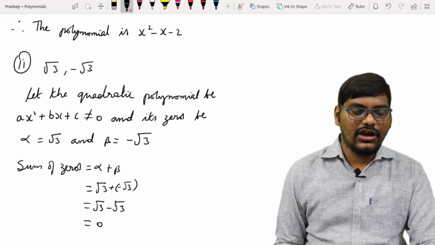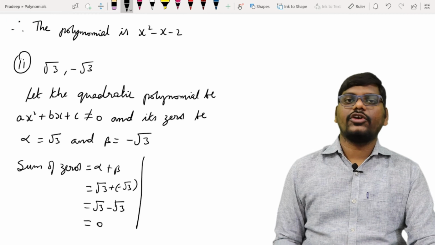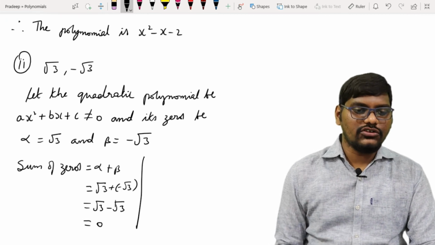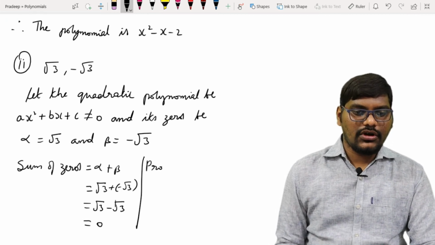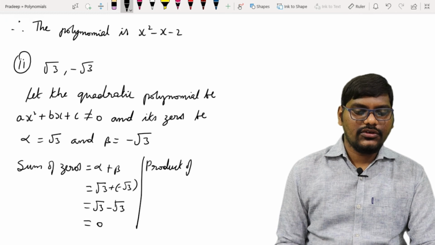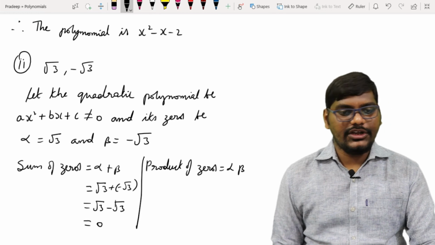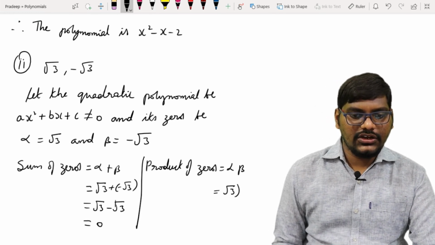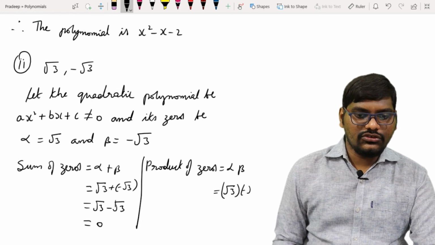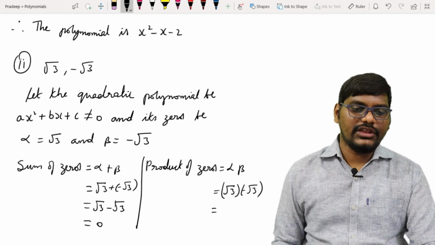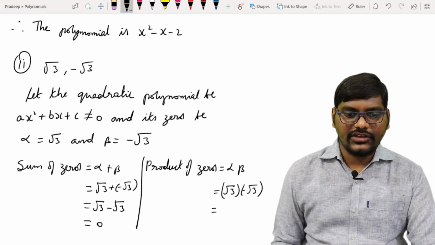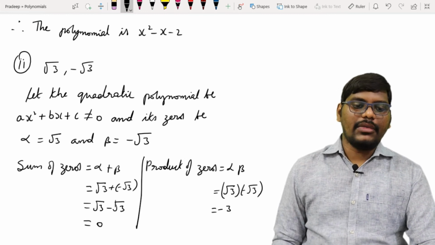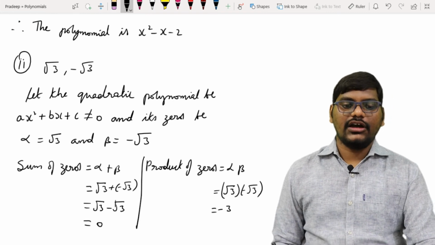The sum we got is 0. Now the product of zeros, that is alpha beta. The values are root 3 into minus root 3. Root 3 into root 3 is 3, and since the sign is negative, minus 3 is the product of zeros.